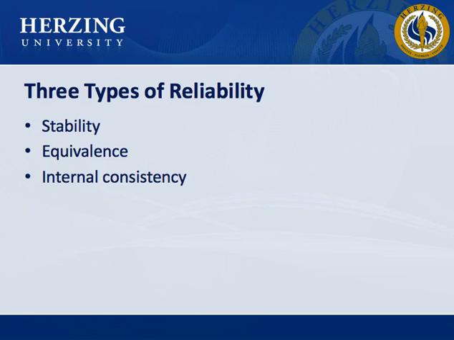Internal consistency reliability is measured using the split-half procedure. A common type of internal consistency procedure is the coefficient alpha, or Cronbach's alpha, which provides the estimate of the reliability of all possible ways of dividing an instrument into two halves.